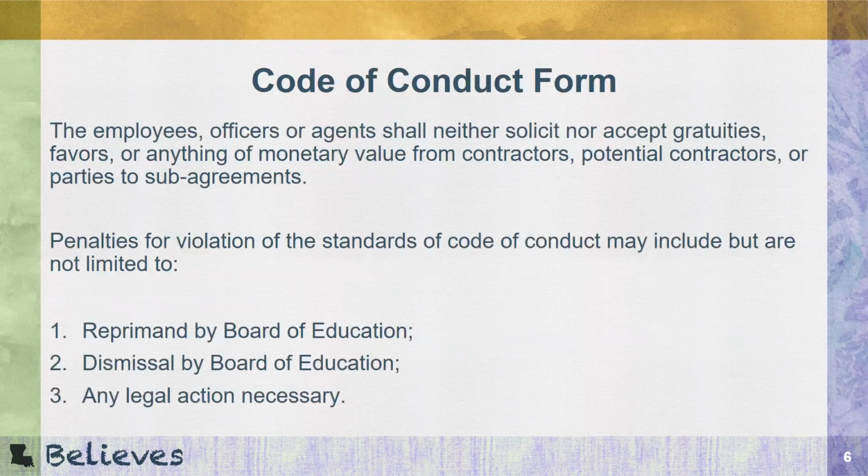Employees, officers, or agents cannot solicit nor accept gratuities, favors, or anything of monetary value from contractors or potential contractors or parties to sub-agreements. And we've often gone in to an SFA for a back to school meeting or other kinds of meetings during the year.